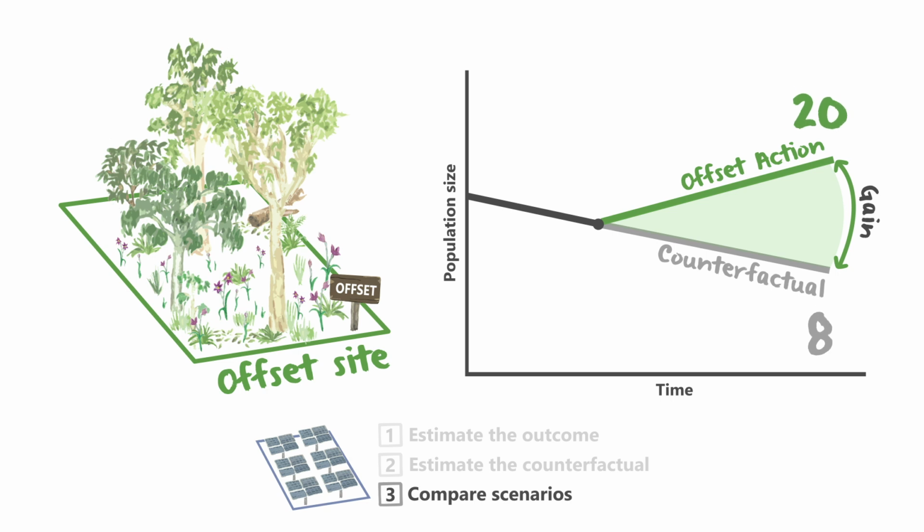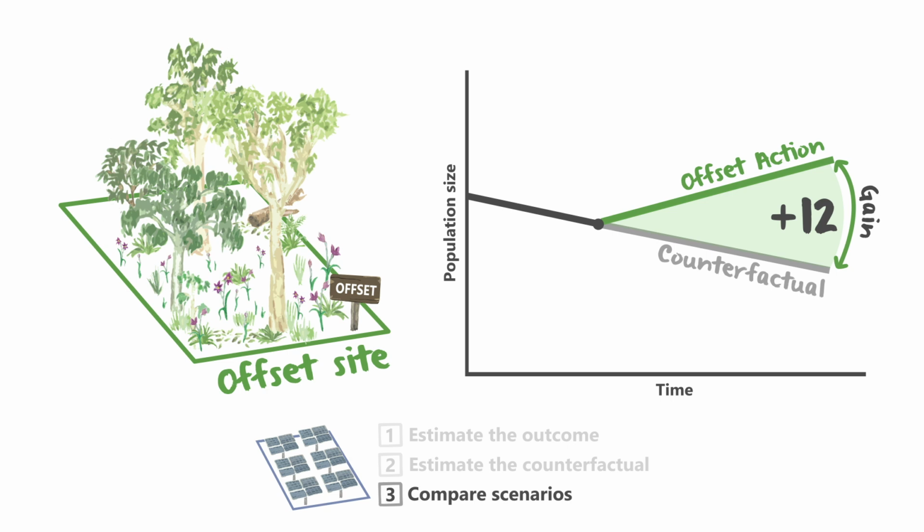Comparing these two scenarios reveals an expected gain of 12 plants in 10 years, a gain that can be attributed to the offset action. Calculating the offset gain in this way helps ensure that the offset benefits we expect are additional, meaning the offset delivers a gain that would not otherwise have occurred.